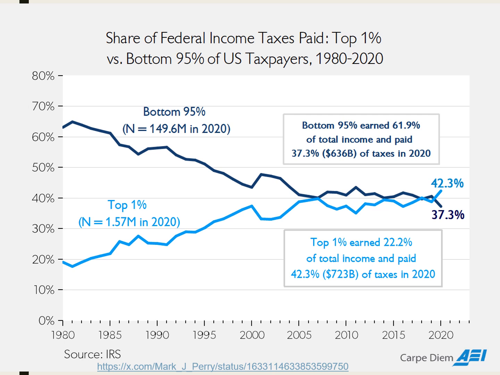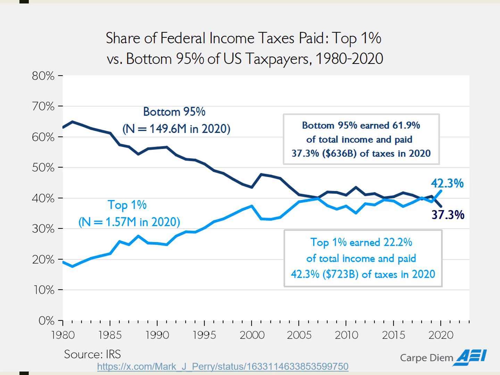As you can see, in the last couple of decades, actually since 1980, so several decades, those in the bottom 95% of income earners have been paying less and less of a percentage of our overall taxes, while those in the top 1% have been increasingly paying more, until in 2020 those lines finally crossed over.